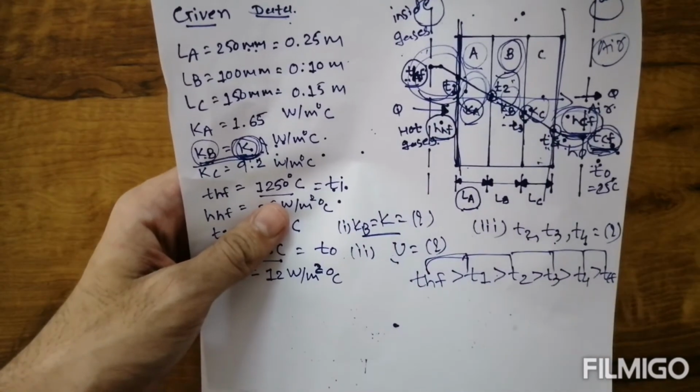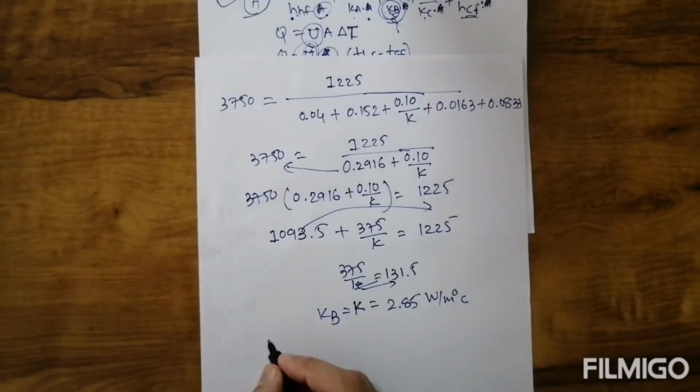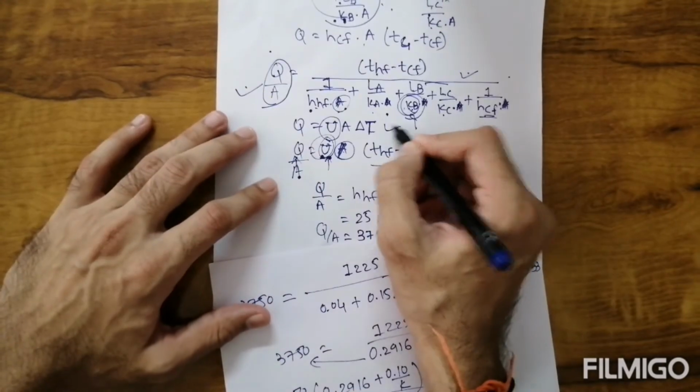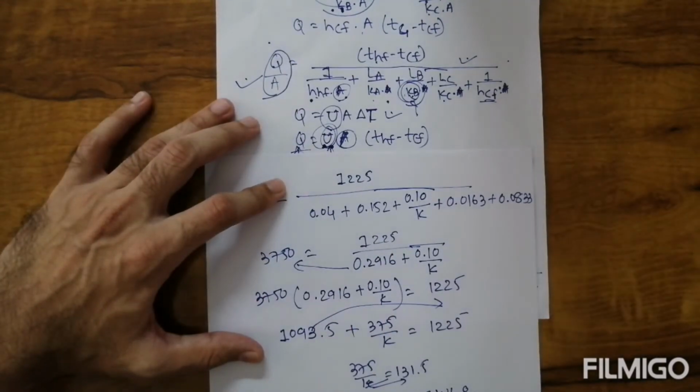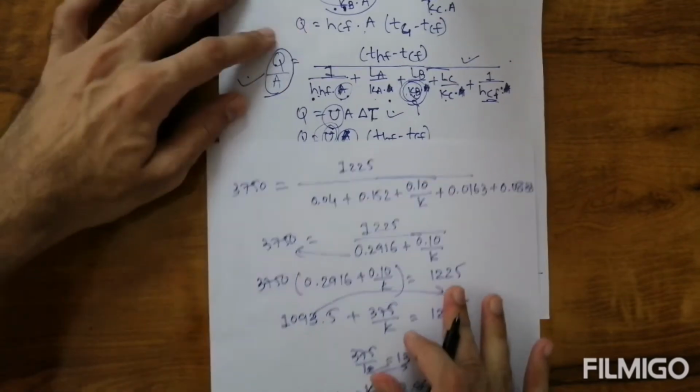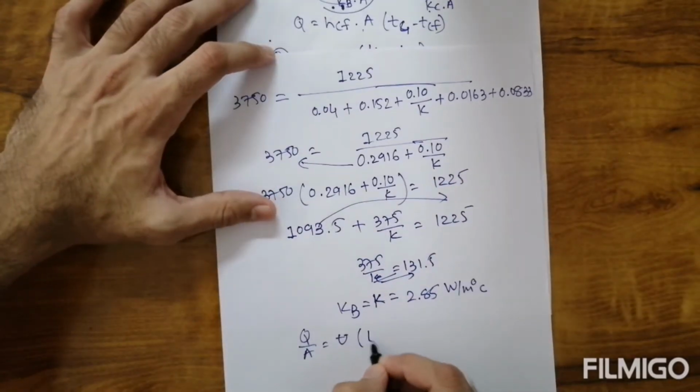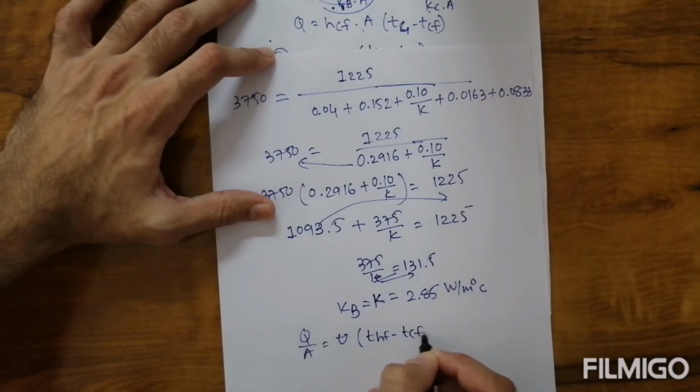Second is capital U, the overall heat transfer coefficient, so we can use that equation. Q is equal to UA delta T, so Q by A is equal to U times THF minus TCF.